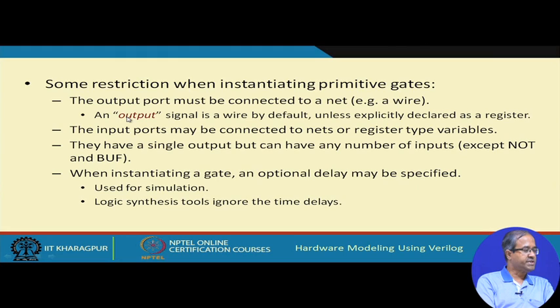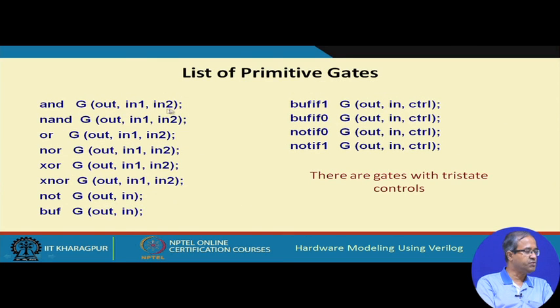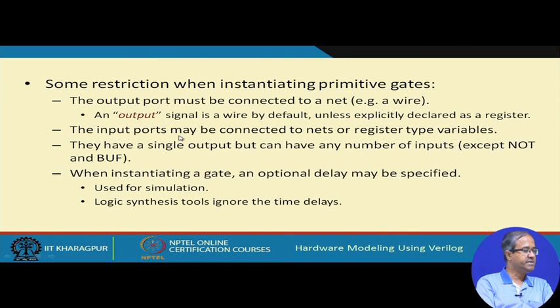So, an output signal in a module is a wire by default, so you can directly use it if you want, right. Now, the input ports of the gate, like for example in1 and in2, can be connected to either nets or register type variables. I have already said that the basic gates have a single output but can have any number of inputs, except NOT and buffer.